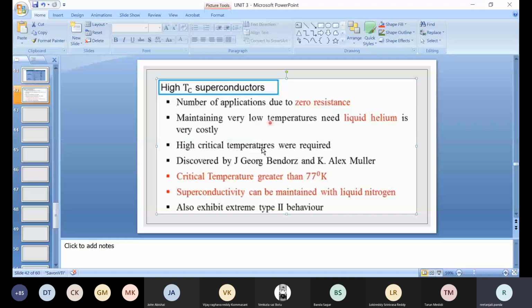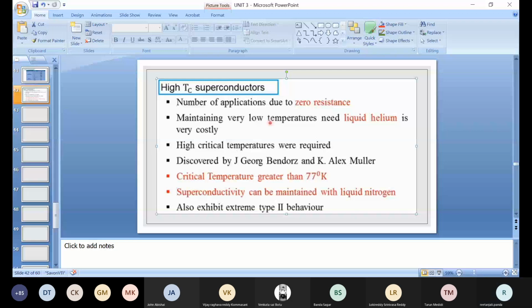Okay, so till now we have seen the critical temperature for this type of superconductor is 77 Kelvin, and this particular temperature we can maintain with the use of liquid nitrogen. And this liquid nitrogen is very dangerous to work with also.